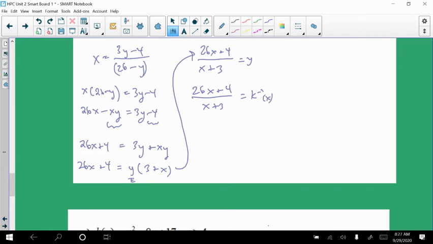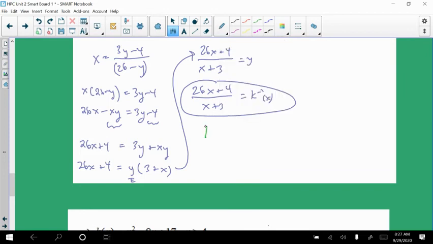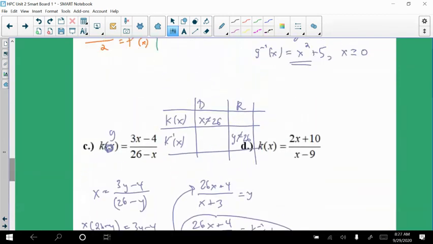Now, this inverse function, I can now see right away what the domain issue is. The domain issue is that x can't be negative 3 because I'd be dividing by 0. So the domain: x can't equal negative 3, which means in the range of my given function, y couldn't equal negative 3.